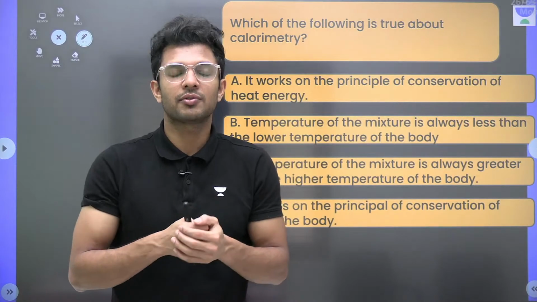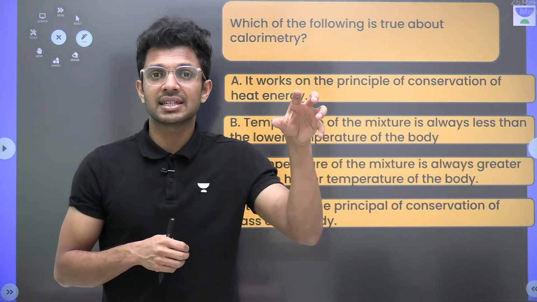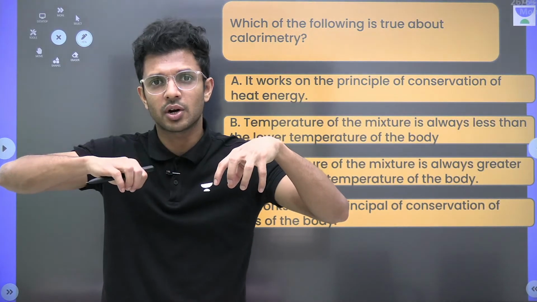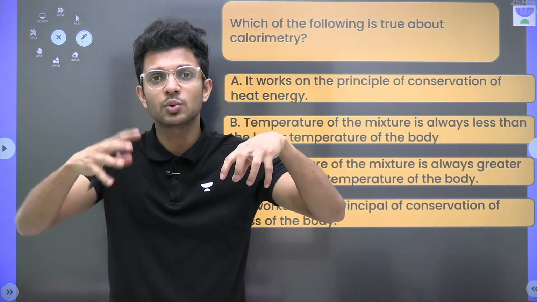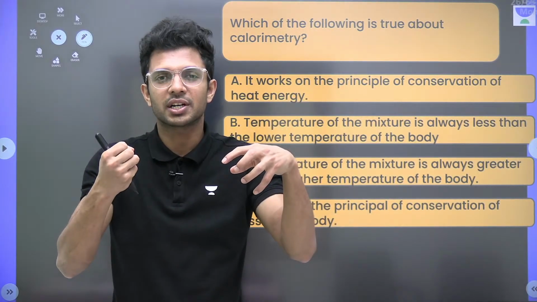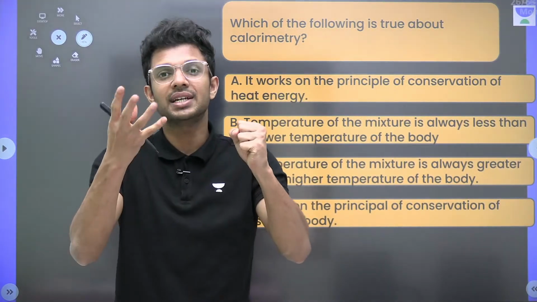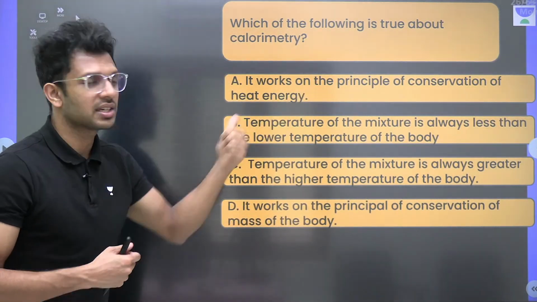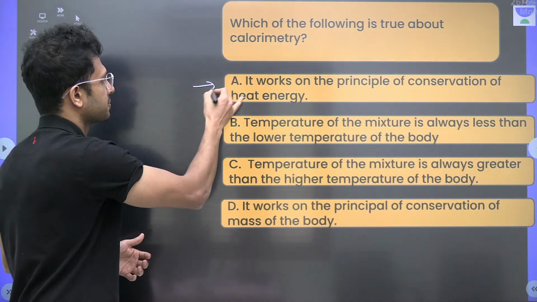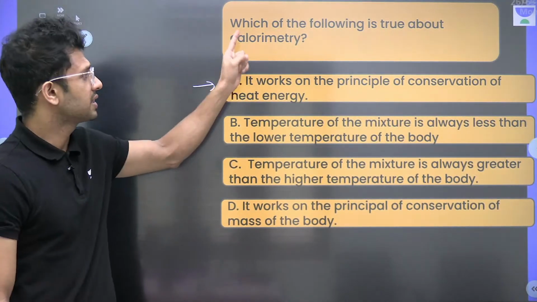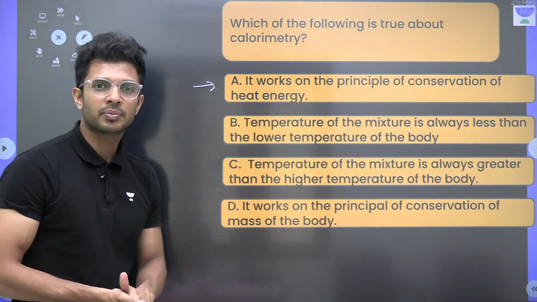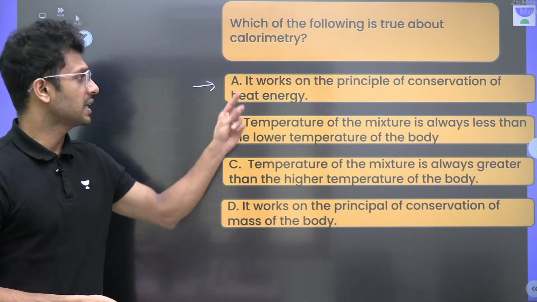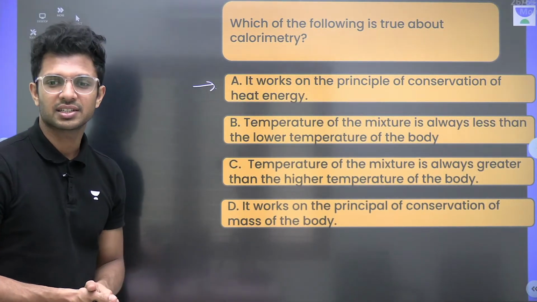And according to the principle of calorimetry, whatever is the heat energy lost by the hot body is completely given to the cold body. So heat energy lost will be equal to heat energy gained by the cold body. So there the energy conservation is actually being talked about. Principle of calorimetry is totally based on the conservation of heat energy.